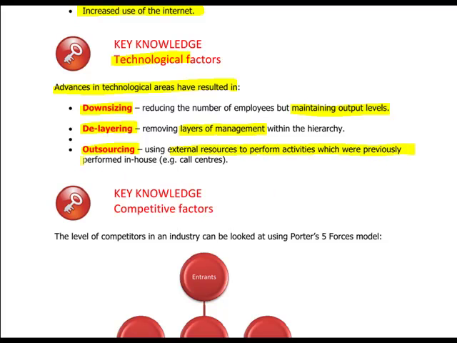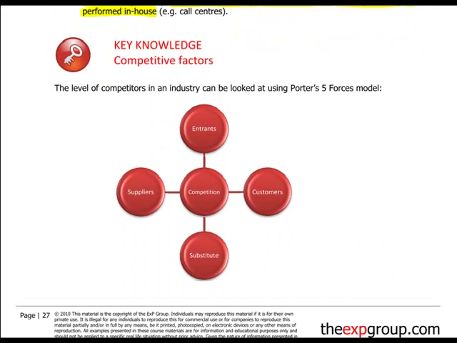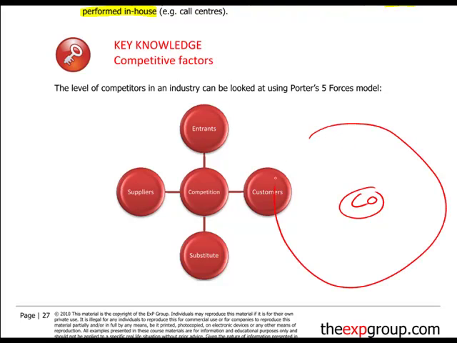Now, one other model I'd like to have a quick look at here. We talked a bit about PEST analysis. So we've got a company here, and then the big environment outside, we've got PEST analysis. Porter's 5 forces, this model looks at a closer external environment to the company.